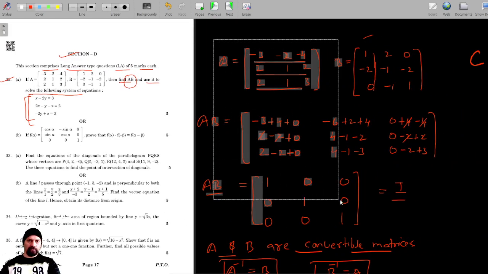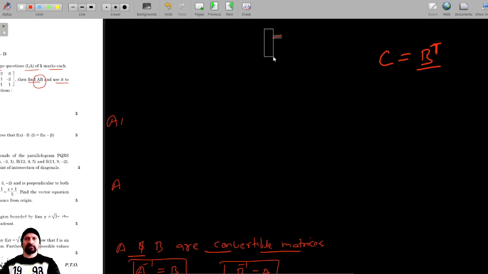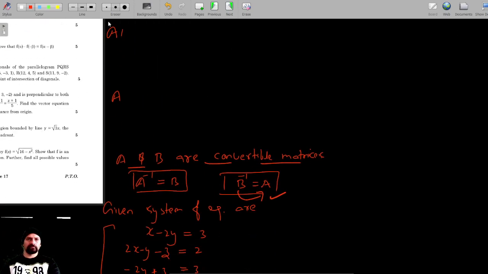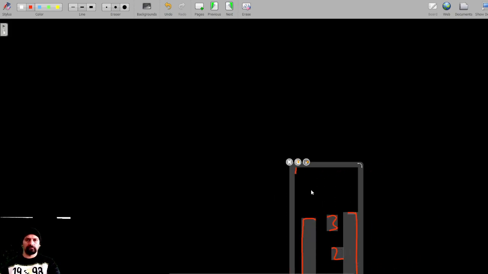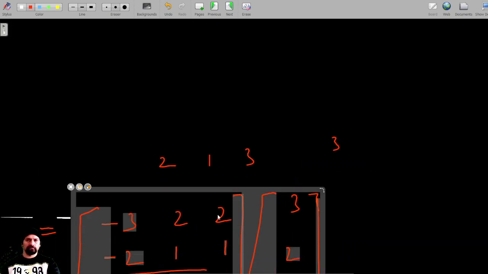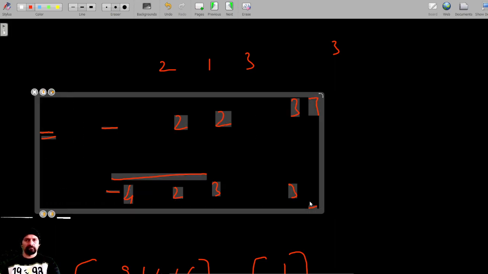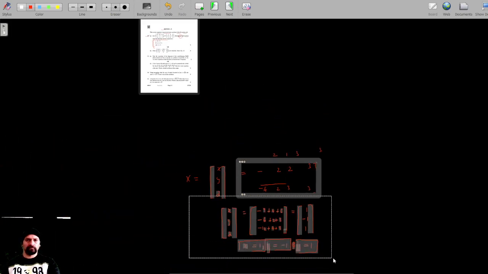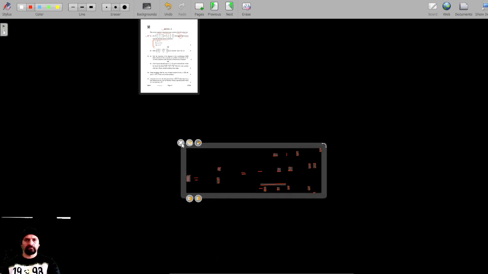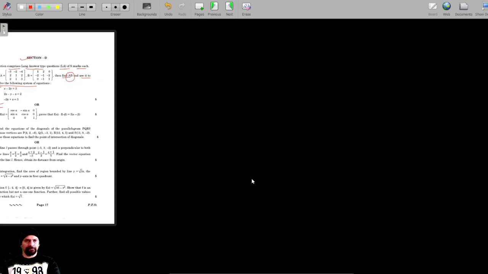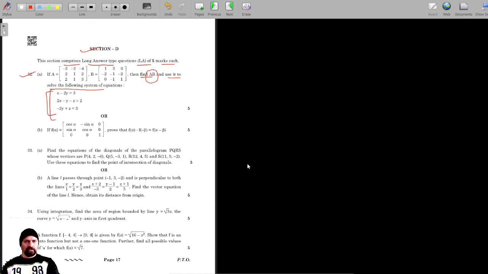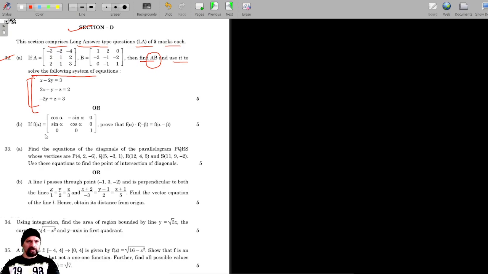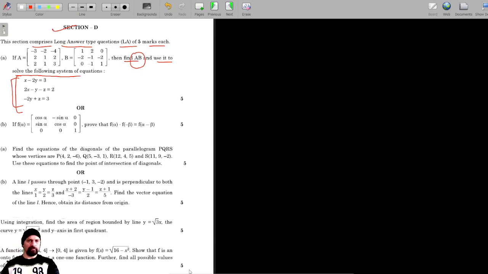And first of all, I'm going to erase this. Okay, for the part B, it's given that function f alpha is in terms of matrix.